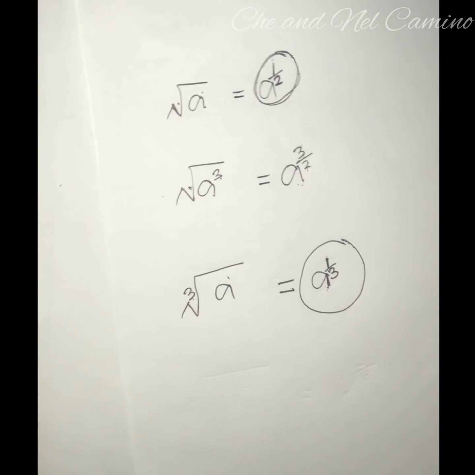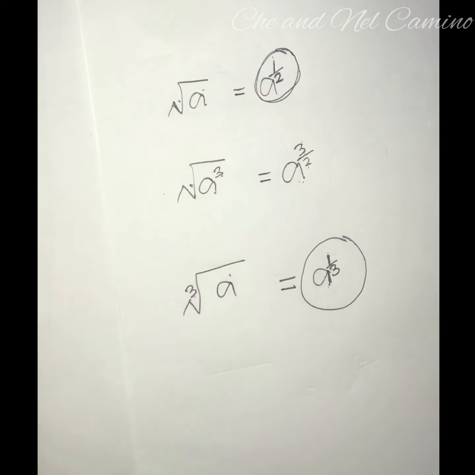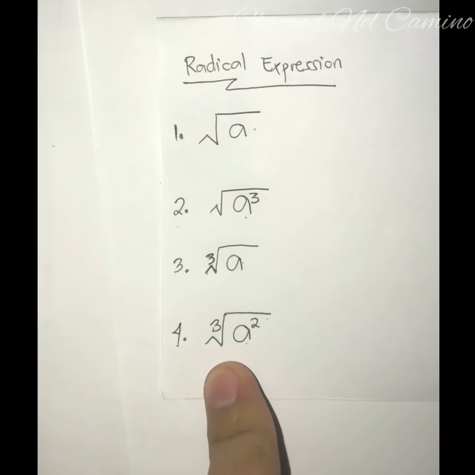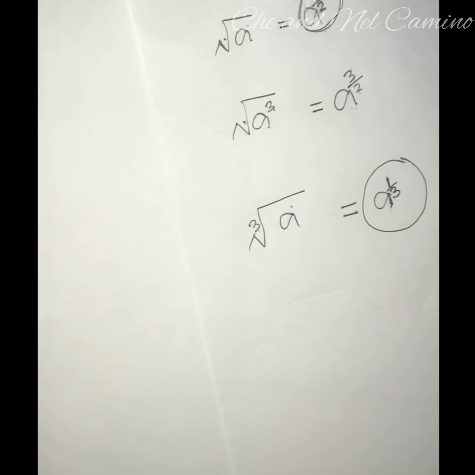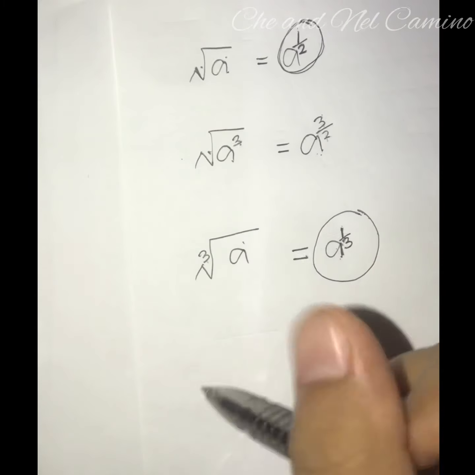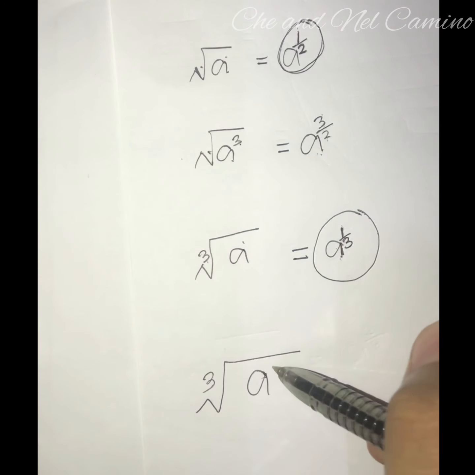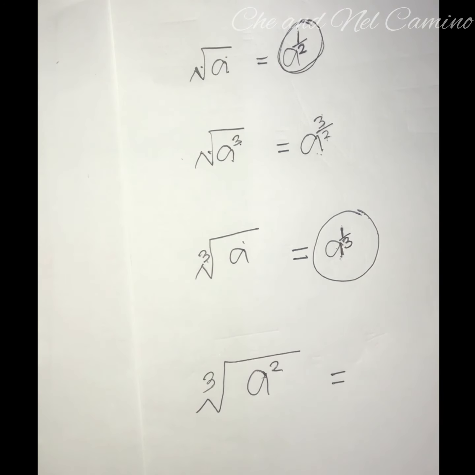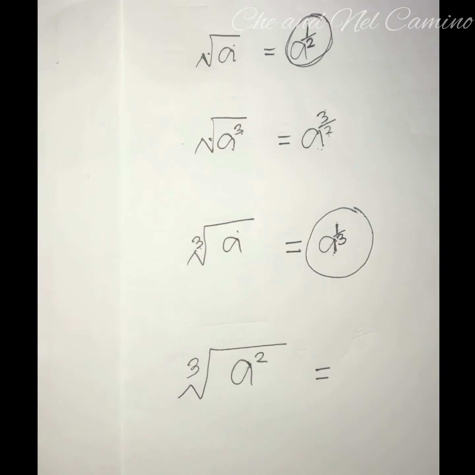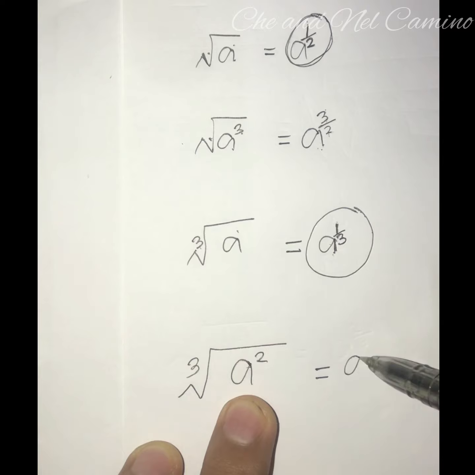So the last one is number 4, cube root of a to the power of 2. So we have here cube root of a to the power of 2. Okay, so same procedure, a.